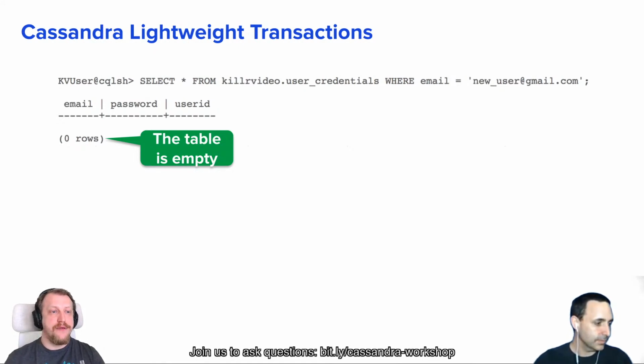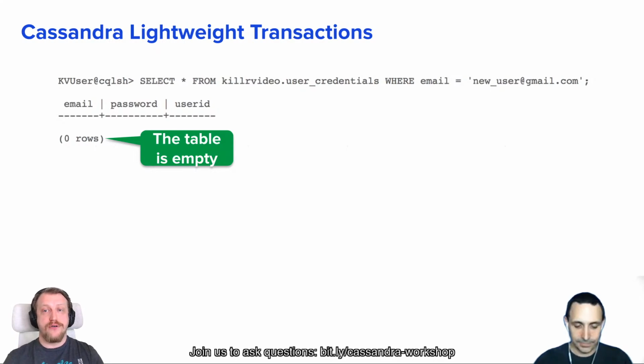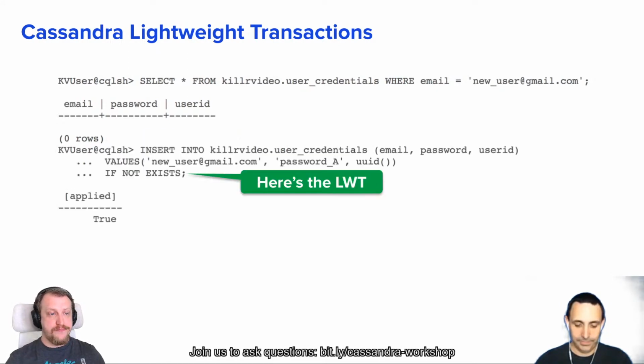Example for this one. We are reading, let's take a look. We have an empty killer_video user credentials table, and we are trying to read credentials for a user with email newuser@gmail.com. We have no rows. This user does not exist. This email is not registered yet.